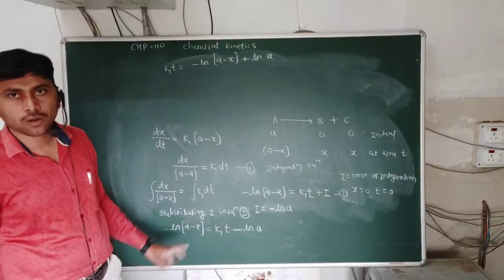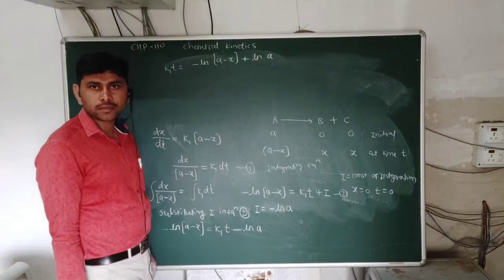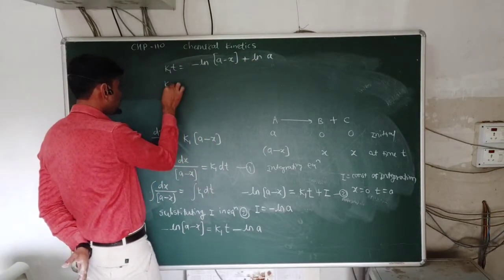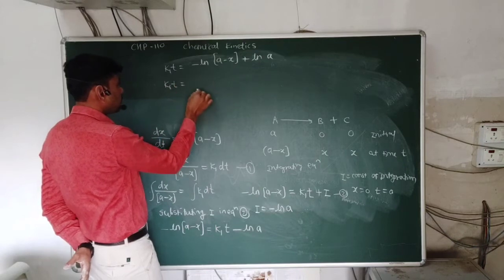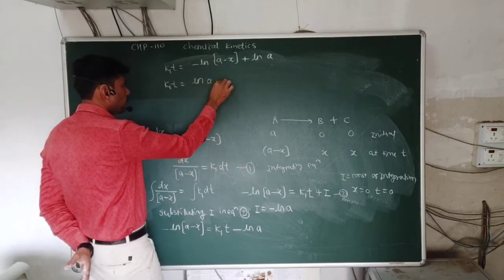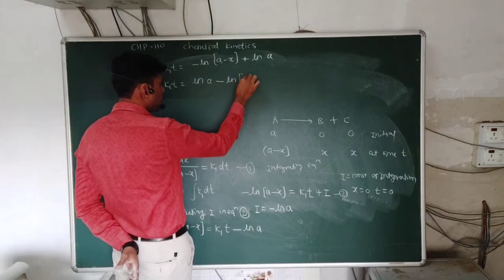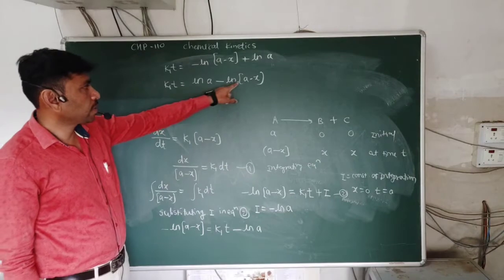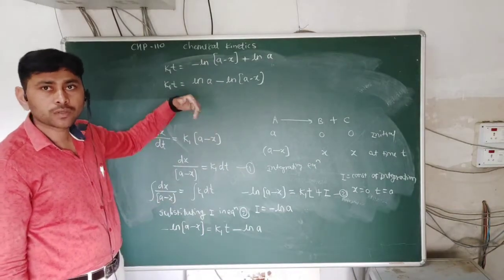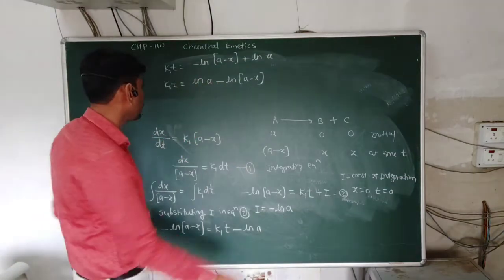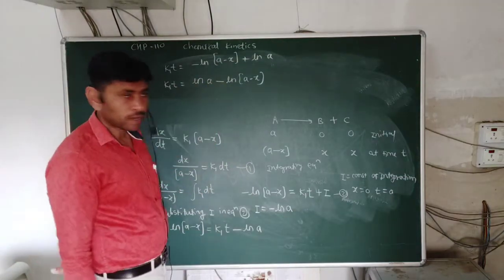ln is for natural logarithm. Again rearranging, k1t equal to ln A minus ln (A minus x), and we know that in logarithms subtraction becomes a division.